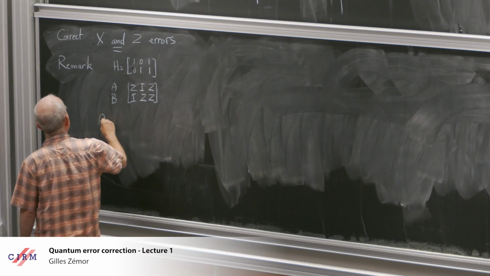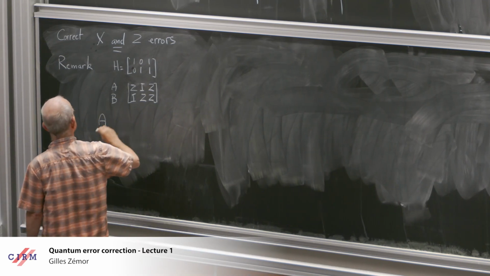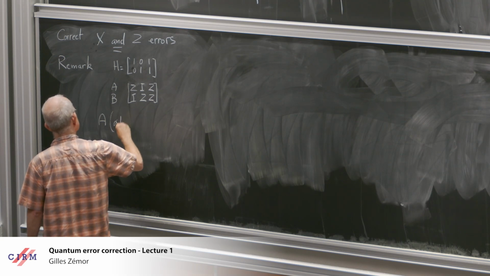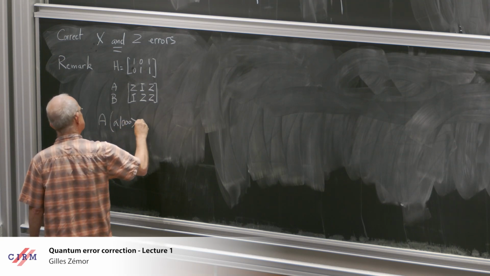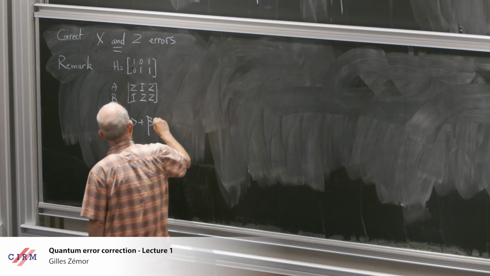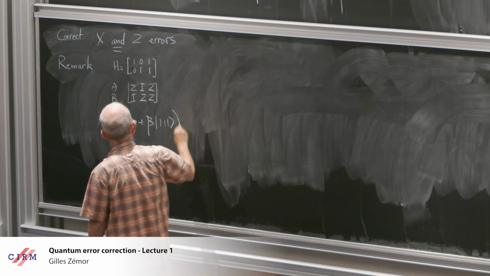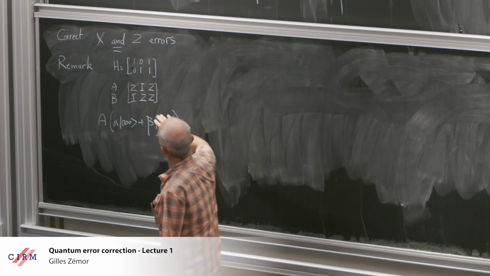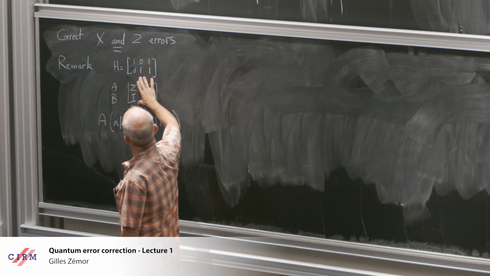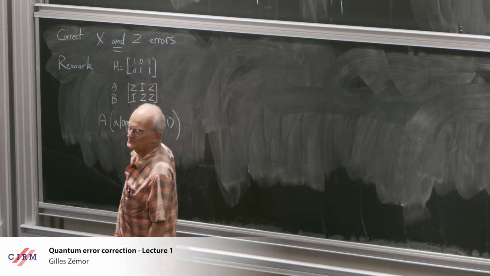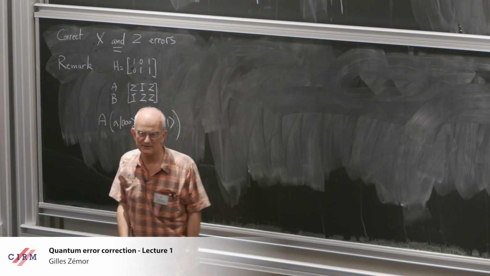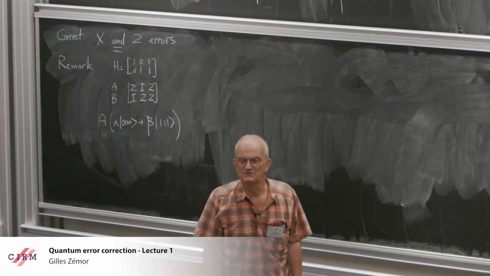So if you apply A to alpha 0, 0, 0 plus beta 1, 1, 1, then you see that every Z operator really puts a minus here, but there are two Z operators. So you're applying them twice.